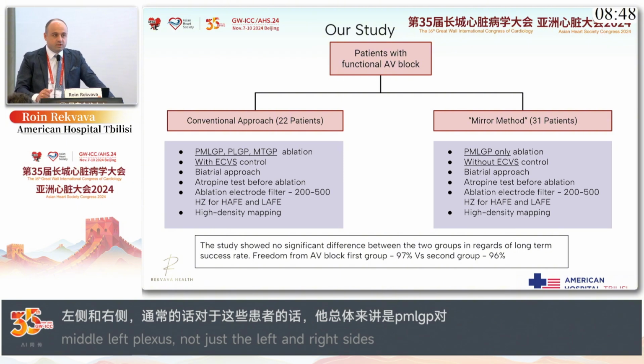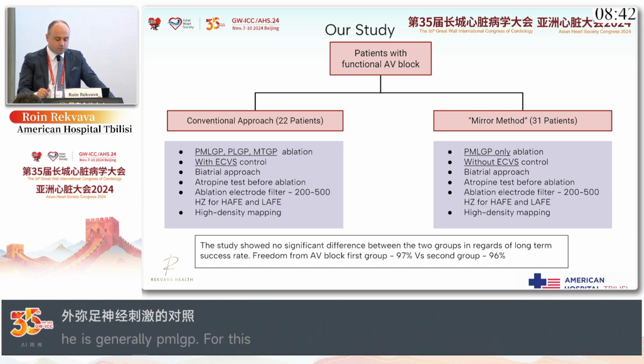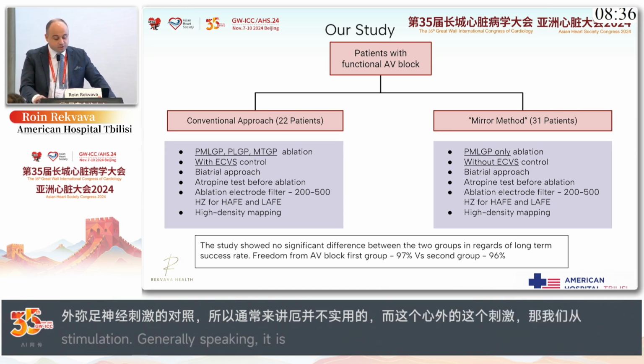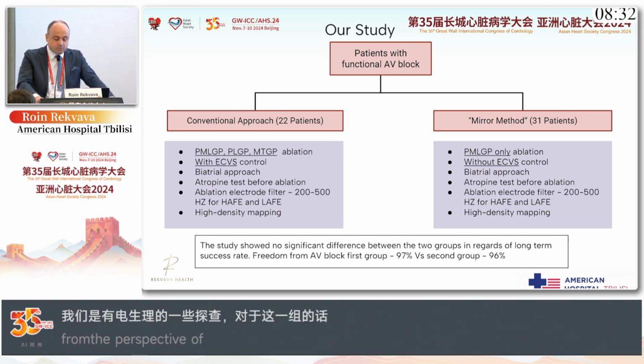We always performed the Wenckebach point and don't use the extracardiac one. We are electrophysiologists. We believe that we have an EP study, and in this group we believe that it's more than enough. It was a biatrial approach.